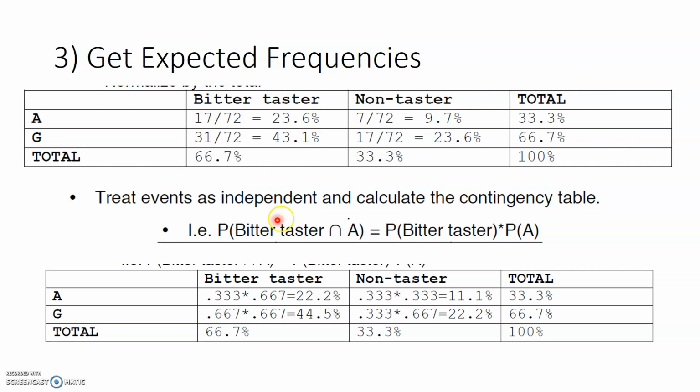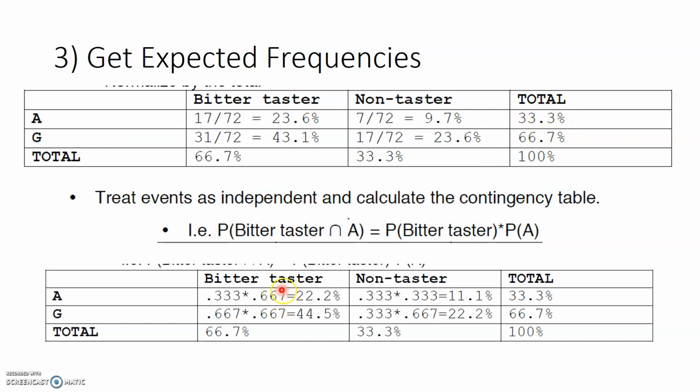We're looking for the probability of being a bitter taster given allele A, and that equals the probability of being a bitter taster, our overall probability, which is 0.667, multiplied by the probability of inheriting the A allele, 0.333.